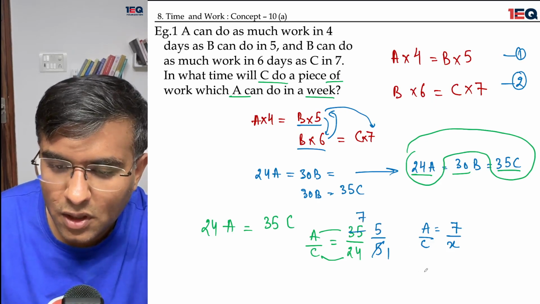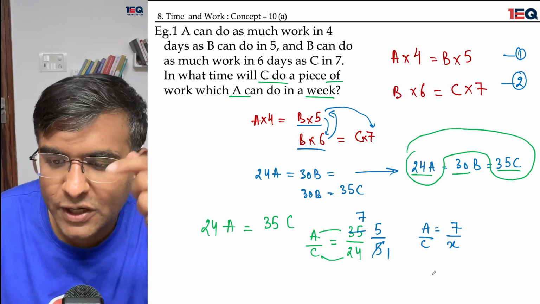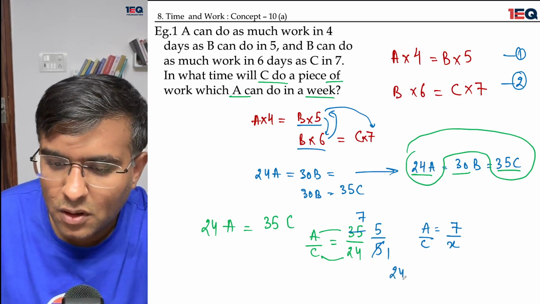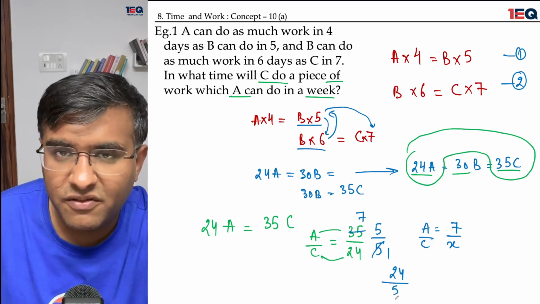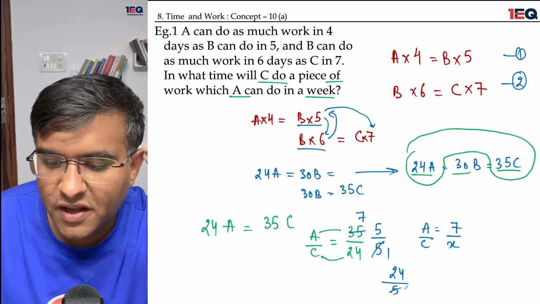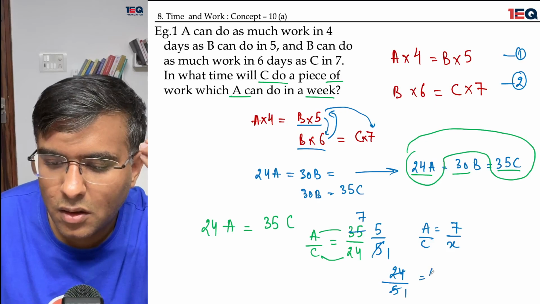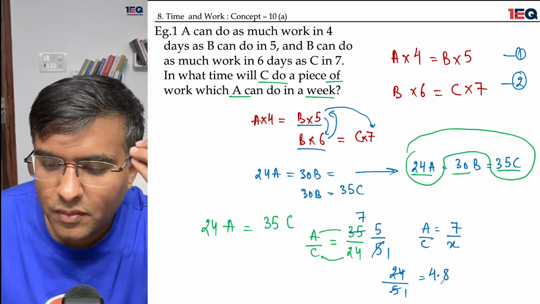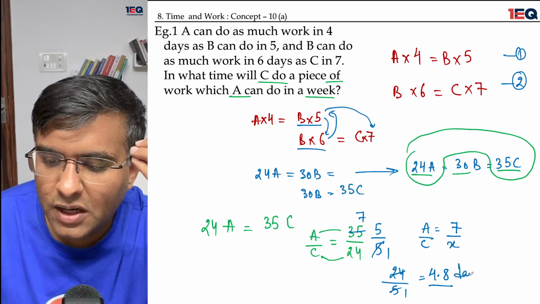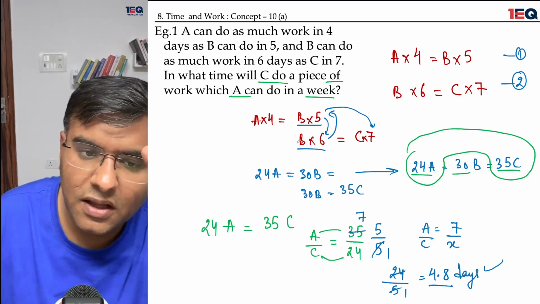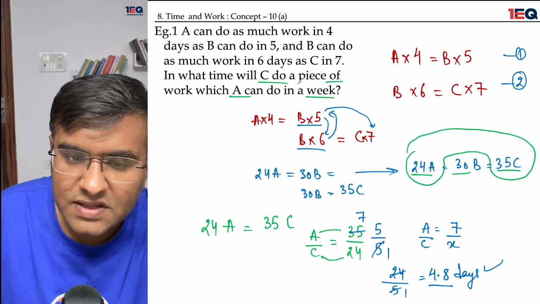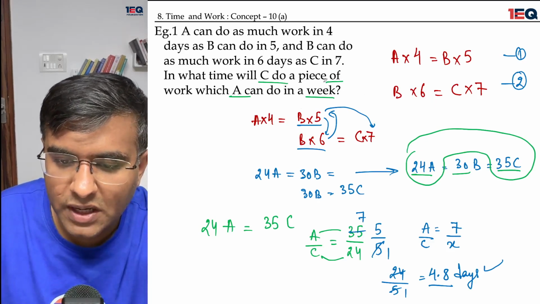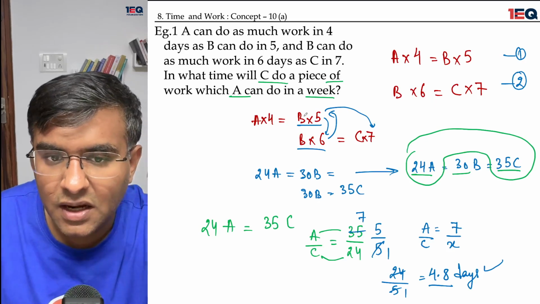Now 24 would also need to be divided by 5. 24 upon 5 is nothing but 4.8. So 4.8 days is my final answer. C would do the work in 4.8 days, which would take A 7 days to do.